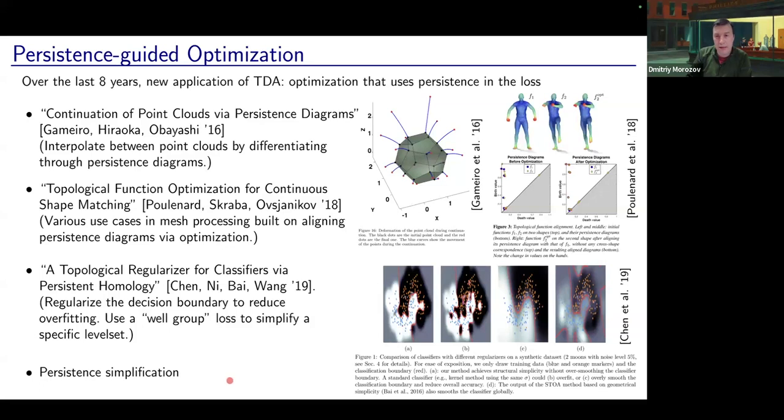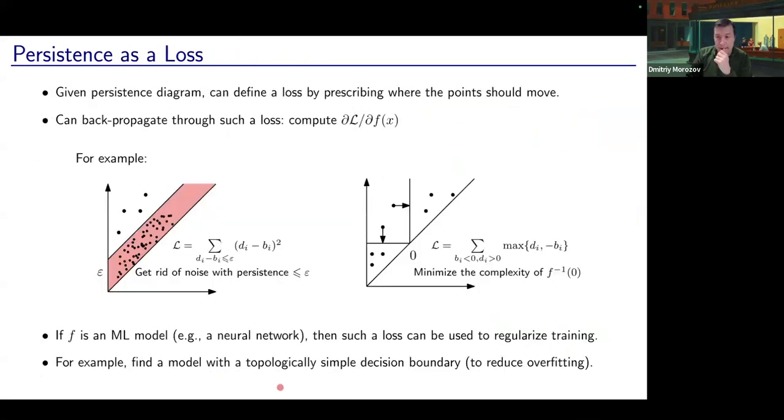And finally, another thing that this connects to that I'll come back to is persistent simplification. Let me dive a little into what I mean by using persistence as a loss. Suppose we have a persistence diagram, and we can define a loss by prescribing where the points should move. For example, I can say that I want to get rid of all of these noisy points by saying that my loss is going to be the sum of the persistences squared over all the points in this pink region, so all the points whose persistence is less than epsilon.